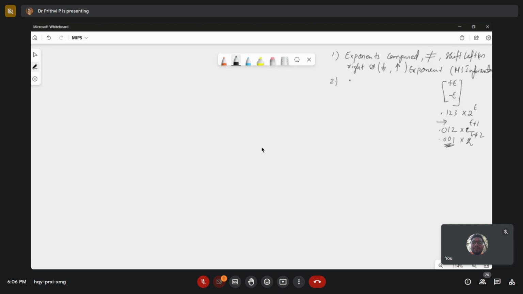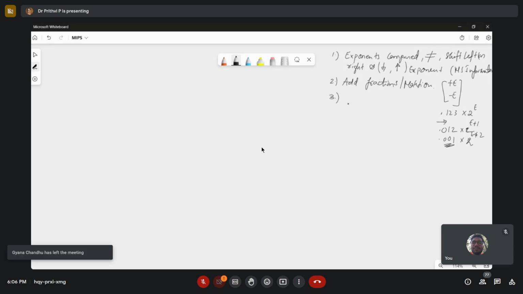Next step is to add the mantissa, or the fractions, using the normal addition operation, normal full adder concepts, any sort of addition process you can take. Now, if you are getting the result to be zero, the exponent has to be shifted or represented according to the value.